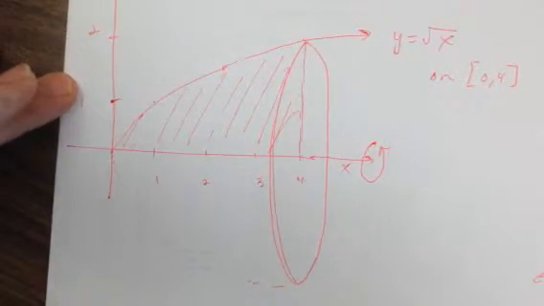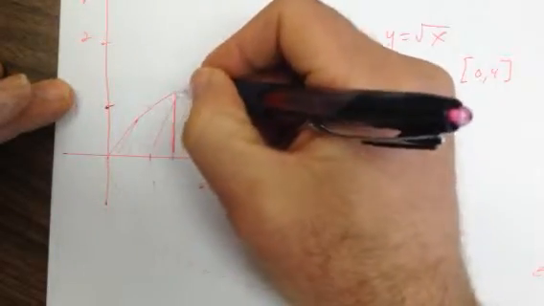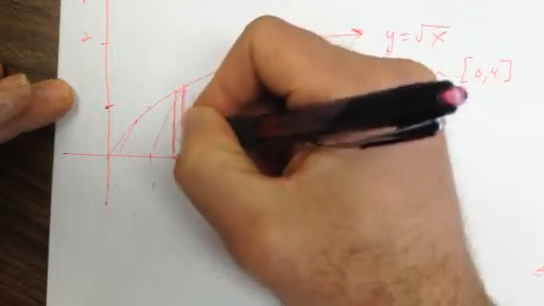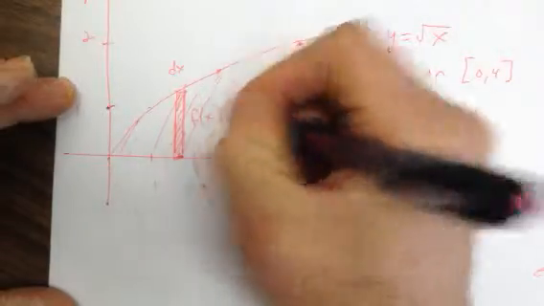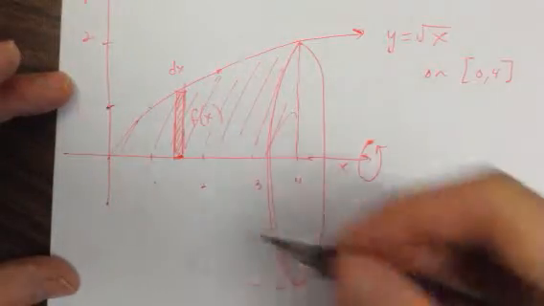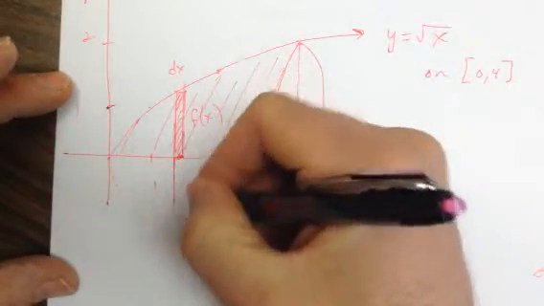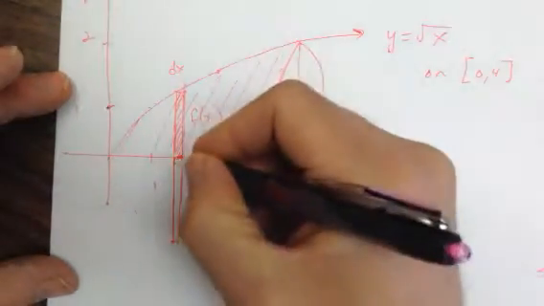And the way we're going to do it is much akin to the way we found area. We're going to take one of our representative rectangles. Right there, we know that rectangle has a width of dx and a height of f of x. In this case, f of x is the square root of x. And we're going to spin one of those representative rectangles. First off, our reflection is a little bit off.